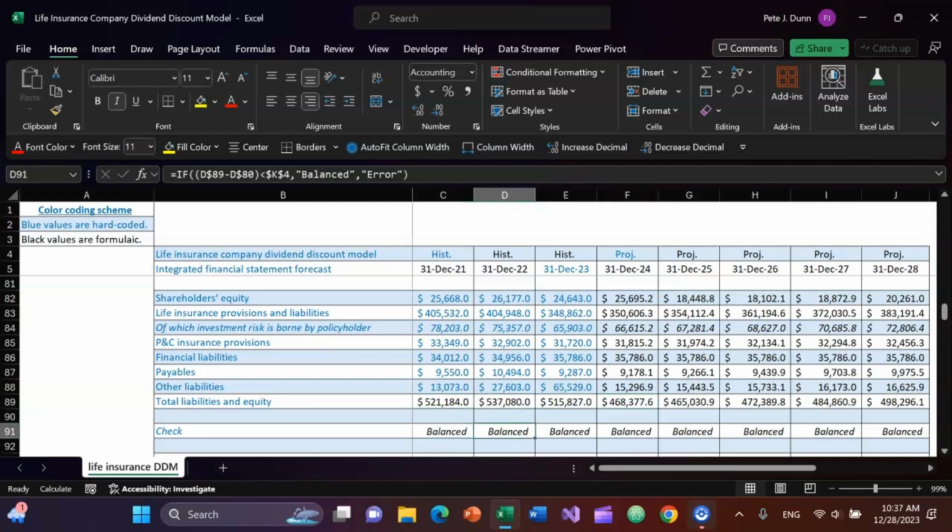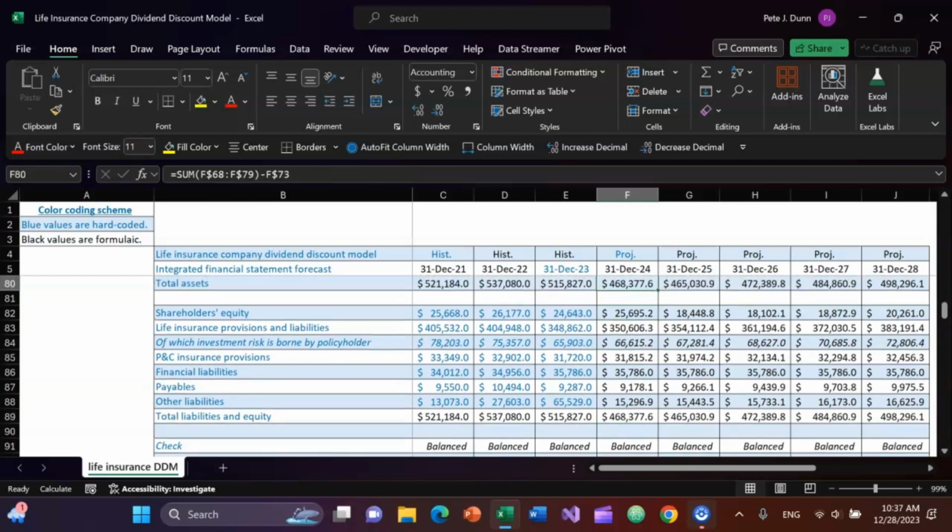Another good thing to check is to see if your balance sheet balances. To do that, I have an if statement where if total liabilities and equity minus total assets is less than K as in Kilo 1, so less than $1.